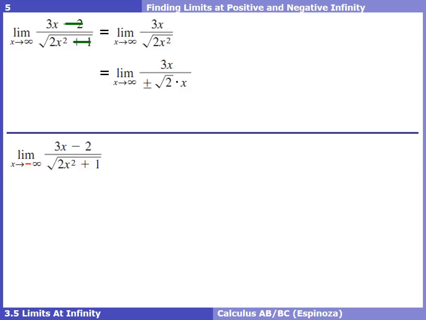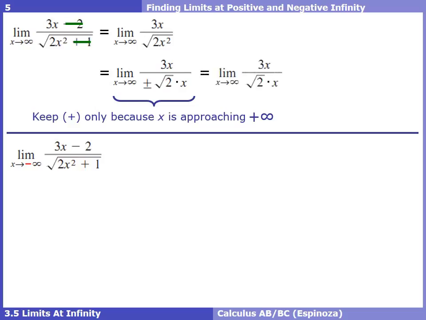Now we can attempt to simplify this one more step. But one thing we're going to observe here is that when we simplify this, we're only going to keep the positive answer because x is approaching positive infinity. We're going to the right, so we don't want to keep the negative part of this answer. We just want to keep the positive part of this answer. Once we do that, now we can do the algebra simplification here.